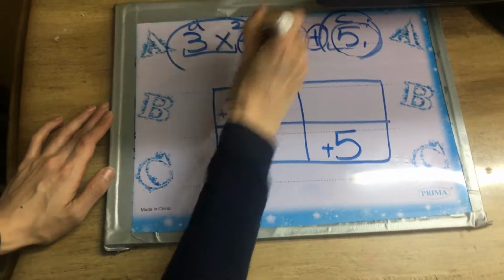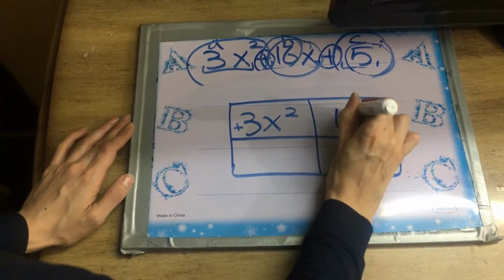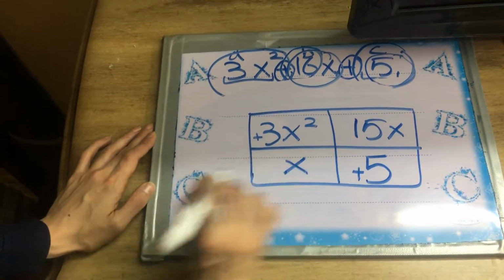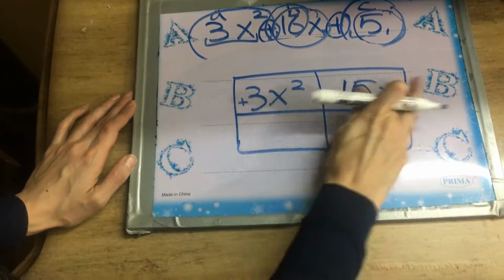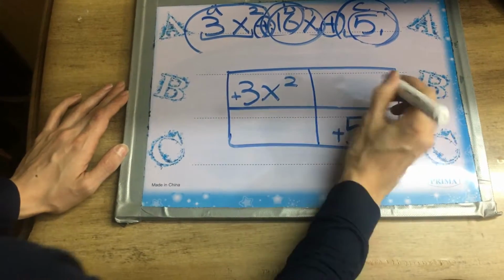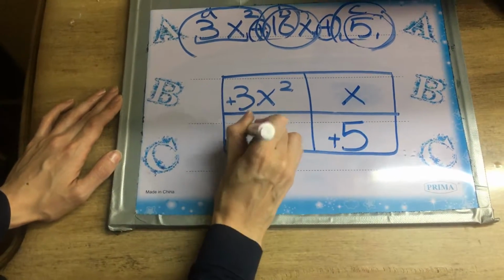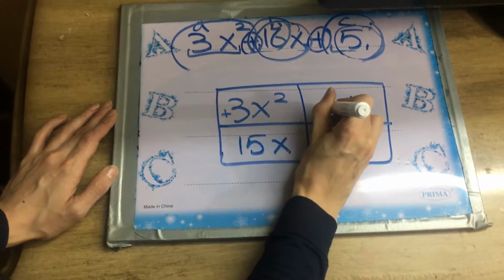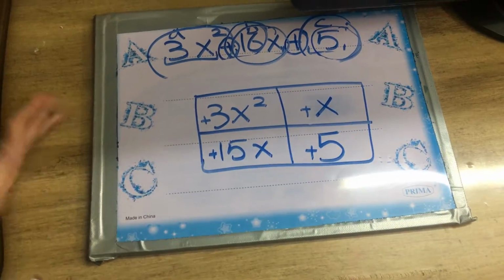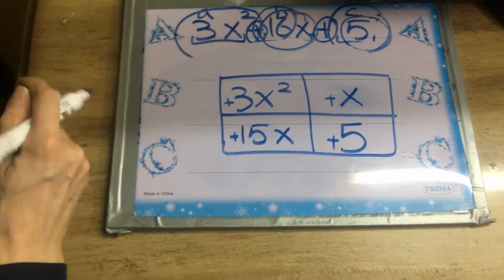For 16x, if you remember, we chose 15x and x. Okay, I'll switch them so you know that it doesn't make a difference. So we'll put the x here and the 15x. They have positive signs.